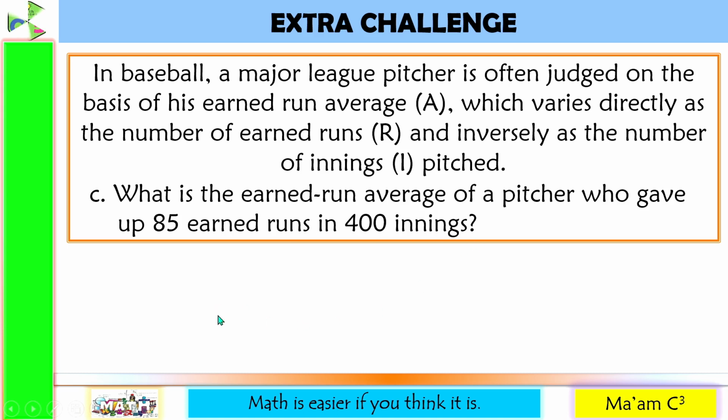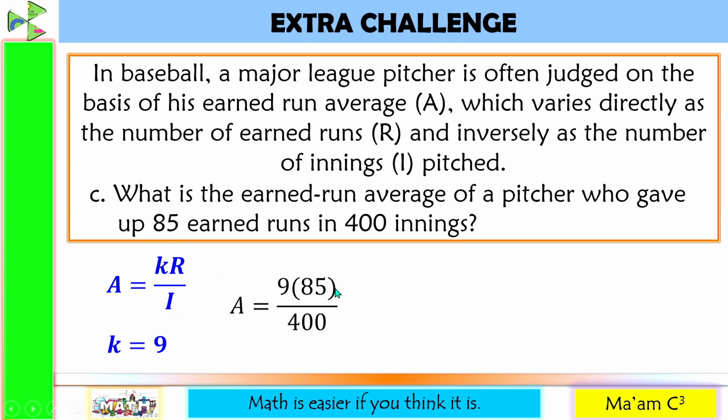Again, let us recall our answer in letter A, the formula, as well as our answer in letter B, the value of K. Now let us substitute 9 for our K, and then 85 for our R, and 400 for I. 9 times 85 is 765. Divided by 400 is 1.91.